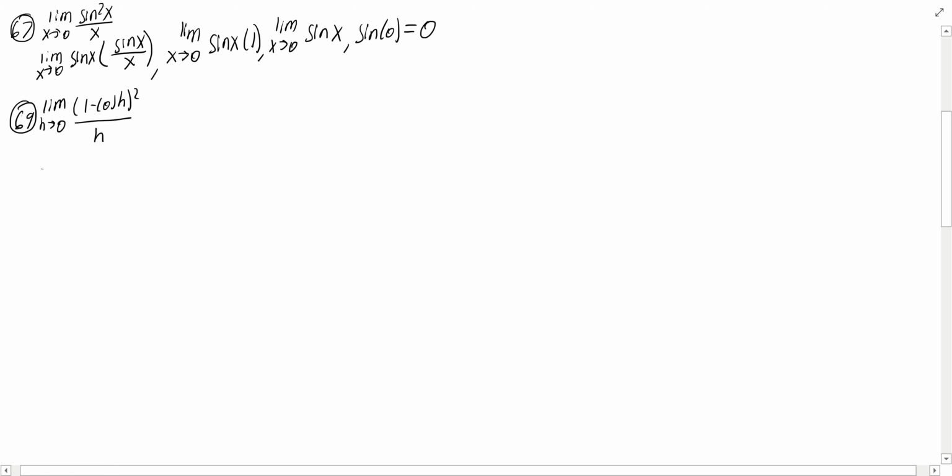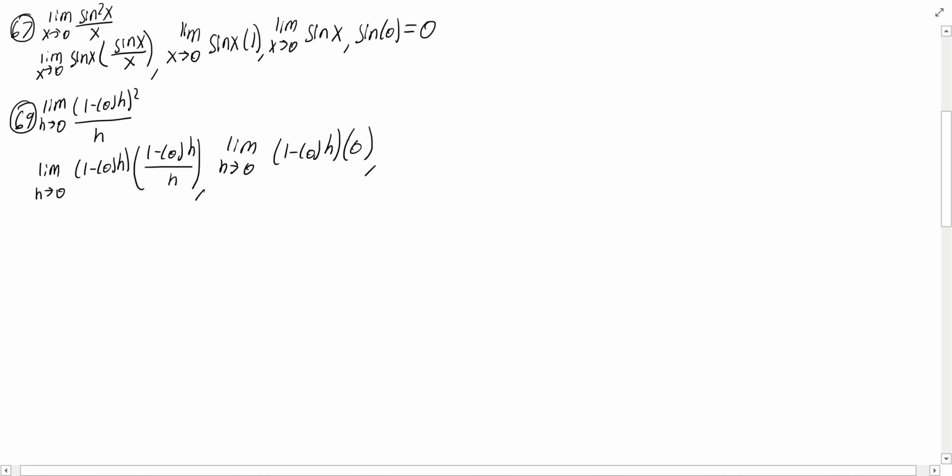We say that we have the limit as h goes to 0 of 1 minus cosine of h times 1 minus cosine of h over h. Once again, we can use the limit that we developed previously to say that this is the limit as h goes to 0 of 1 minus cosine of h times 0, and because we're multiplying by 0, no matter what this value is, we end up with a final result of 0. So there we go.